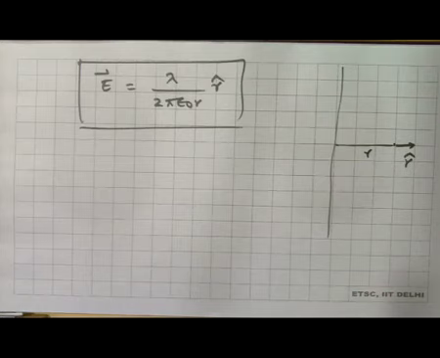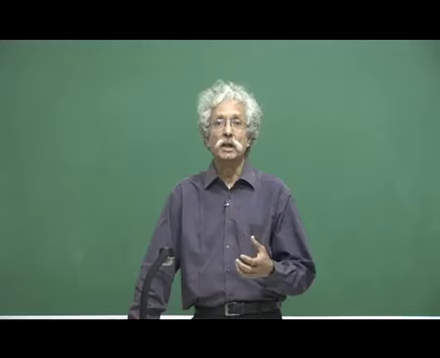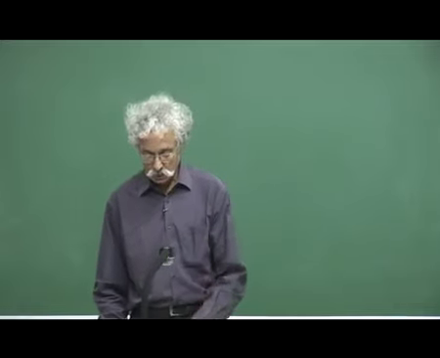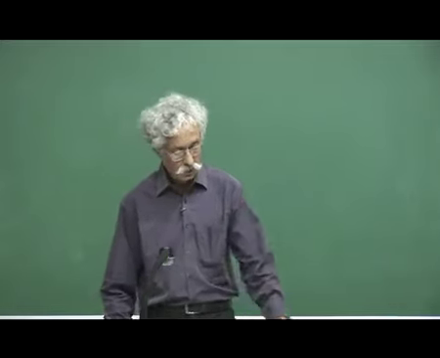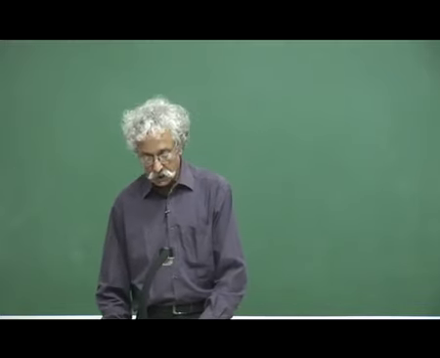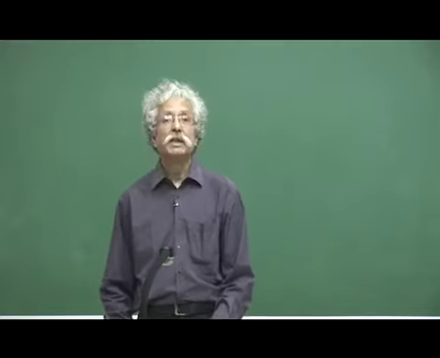I am finding out from the symmetry arguments what the orientation of the electric vector could be. I am then taking a Gaussian surface on which the electric field magnitude remains constant, and that helps me pull the electric field out of the integral of Gauss's law and calculate the electric field. So, this is a very powerful method, especially when there are symmetries in the system.